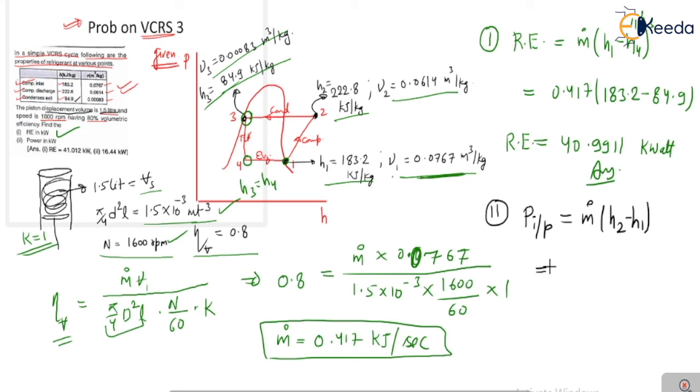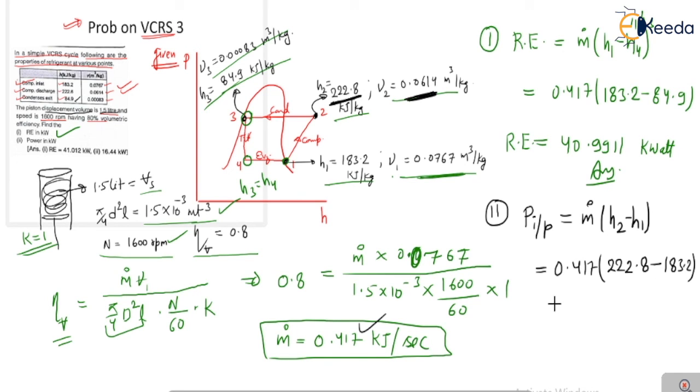So my dear friends, the mass flow rate is nothing but 0.417, and here in bracket the value of H2 is 222.8 minus the value of H1, which is 183.2. Okay, very good.